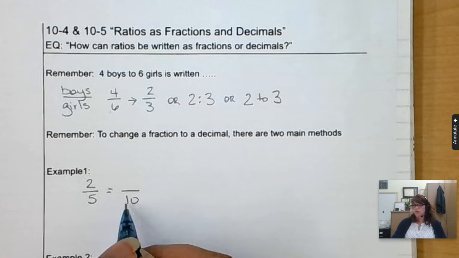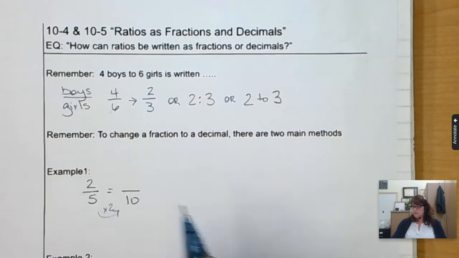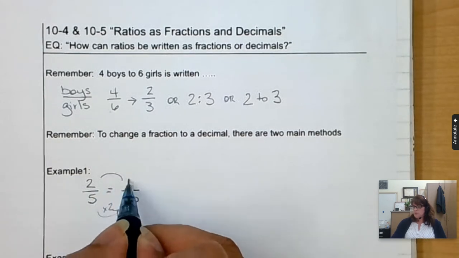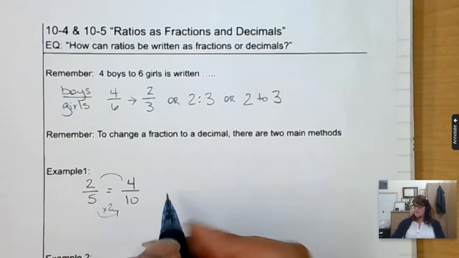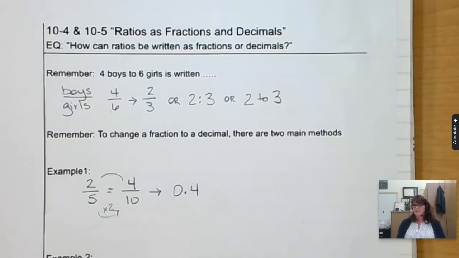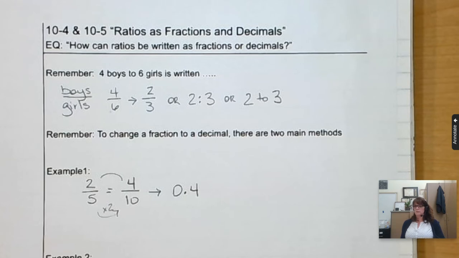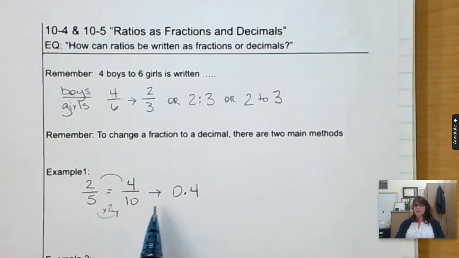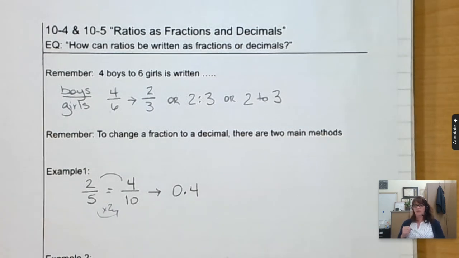Anytime you can go with a 10 or 100 or 1,000, that's times 2. So that would be 4/10, which can be written as that decimal. And when it works out like that, it's beautiful and easy and really just kind of mental math.